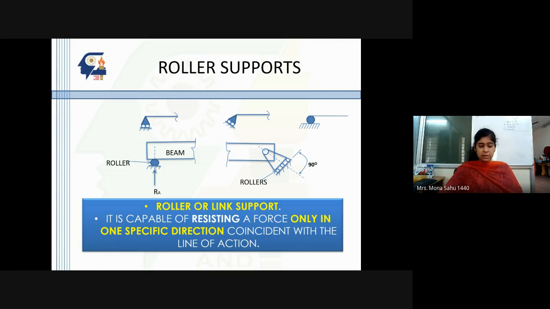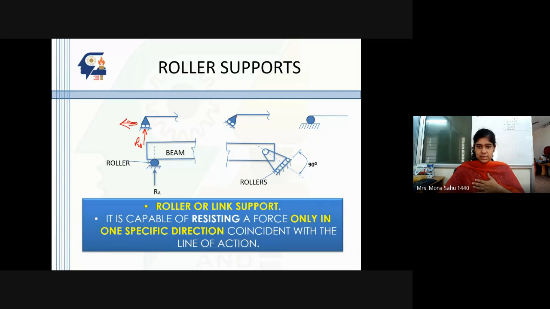So in this particular arrangement, there is only one reaction force. That is in this direction, but the beam can move in this direction. It can move to and fro. So these are the graphical, schematic diagram representations of the roller support, a triangle and 2 rollers, or just a circle.